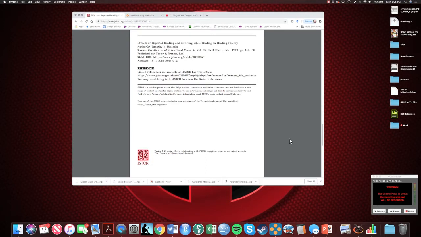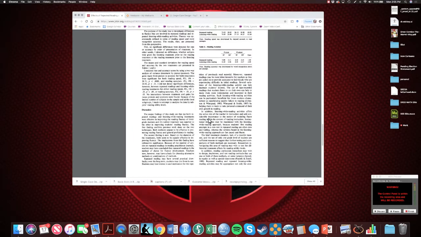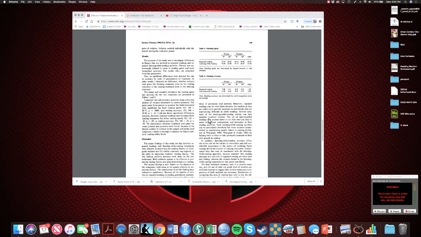So what we want to do is go down to their results. At post-test, because we only care about post-test, we are seeing that repeated reading gave us 56.10, and listening while reading gave us 57.15.